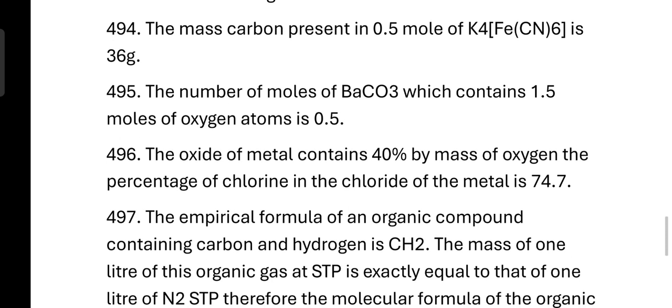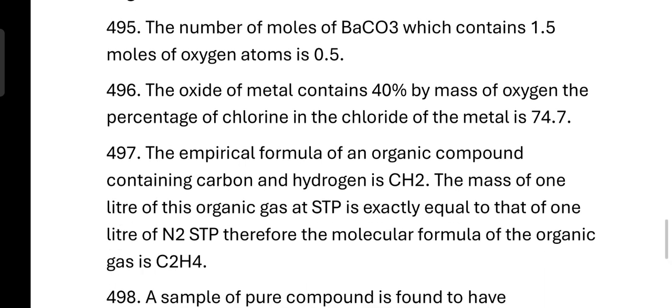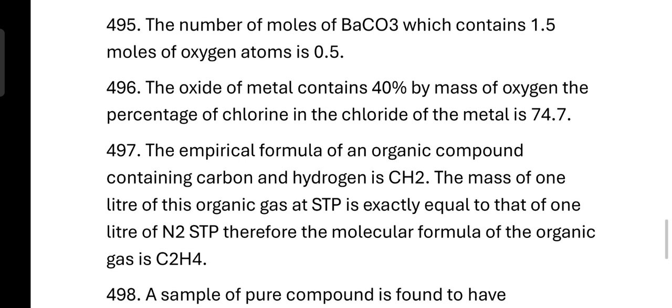The mass of carbon present in 0.5 mole of K4[Fe(CN)6] is 36 grams. The number of moles of BaCO3 which contains 1.5 moles of oxygen atoms is 0.5.